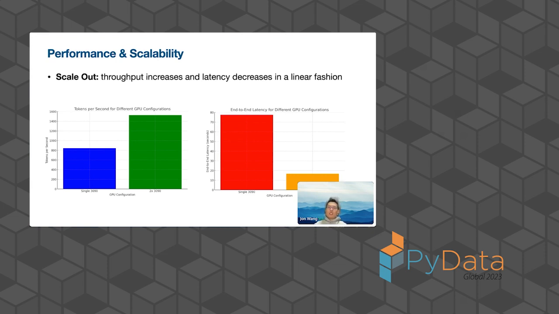The dual card setup decreased latency by about 80% compared to a single card. This reduction means that you can add more resources to Xinference, and the time taken to process each unit of data decreases substantially, making the system faster and more responsive.